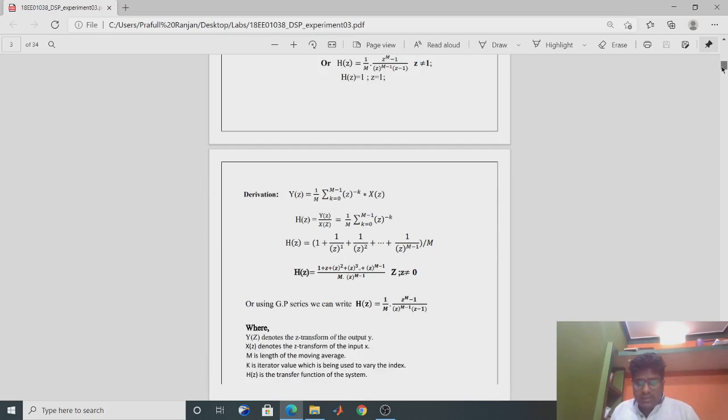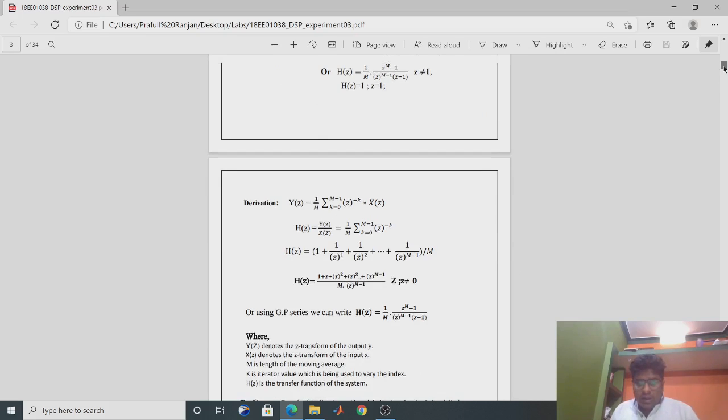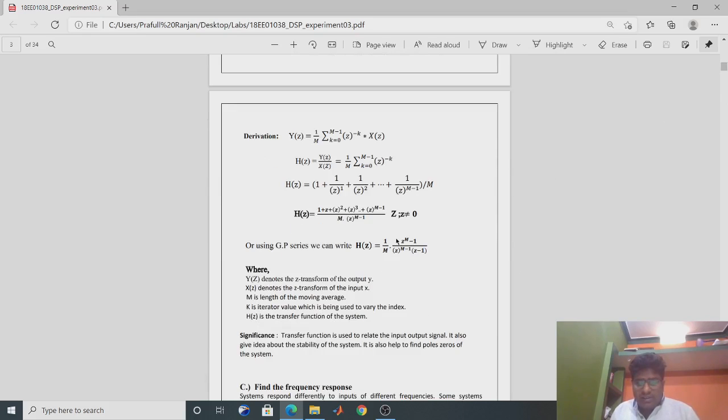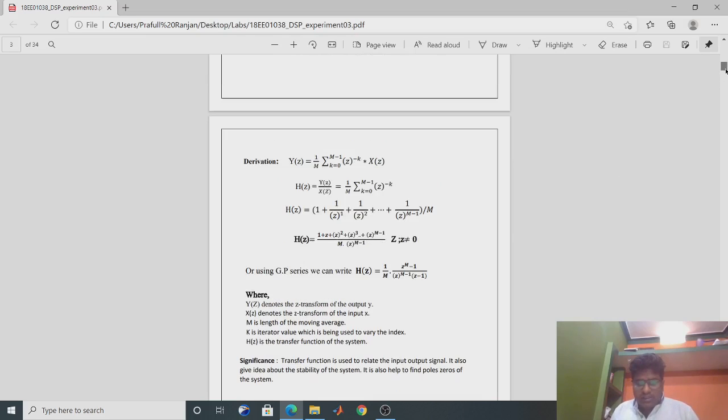This is the derivation of H of z, and if we consider the GP series, then it will come like this, where we assume that z is not equal to 1, and these are the notations.